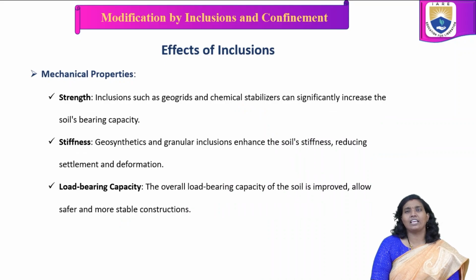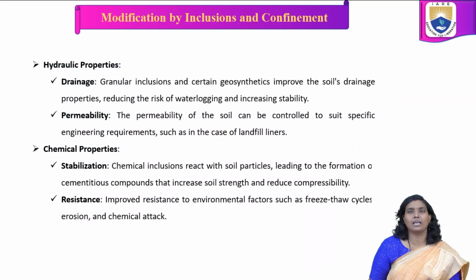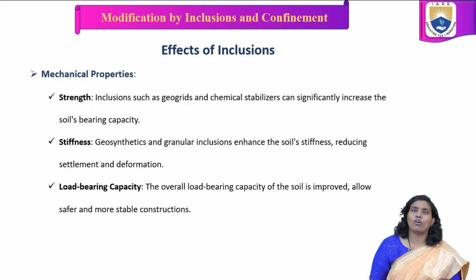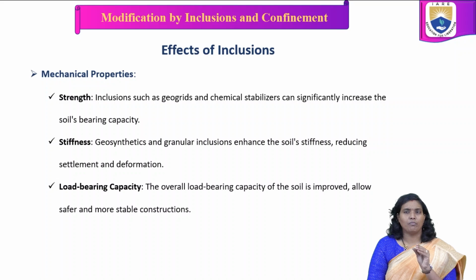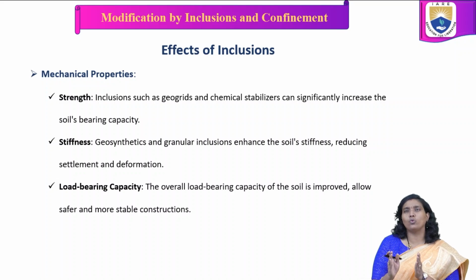What are the effects of inclusions based on mechanical properties, hydraulic properties, and chemical properties? In mechanical properties, once we include the required type, geogrids and chemical stabilizers can significantly increase the soil's bearing capacity.